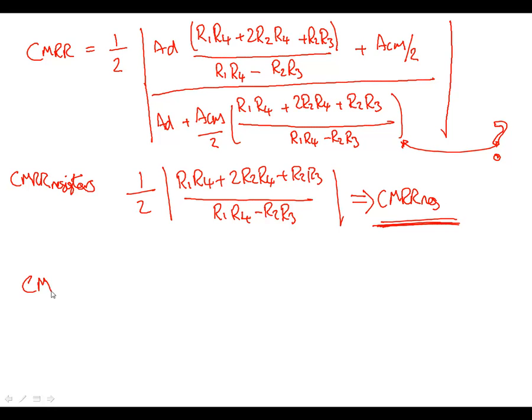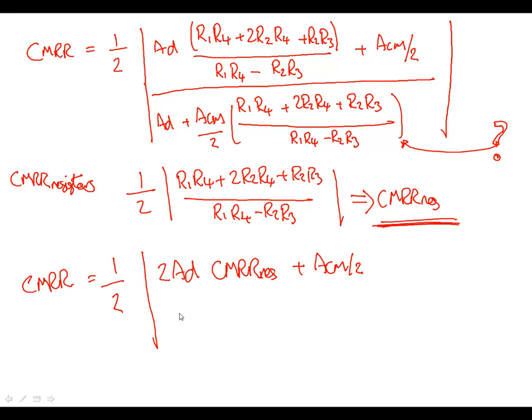So the common mode rejection ratio is equal to a half into 2 AD, differential mode gain, times the common mode rejection ratio of resistors plus ACM over 2, all divided by AD, differential mode gain, plus ACM multiplied by common mode rejection ratio of resistors.